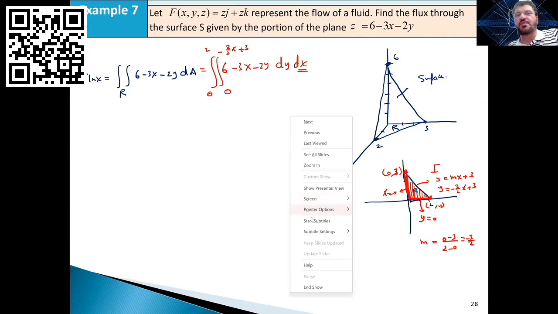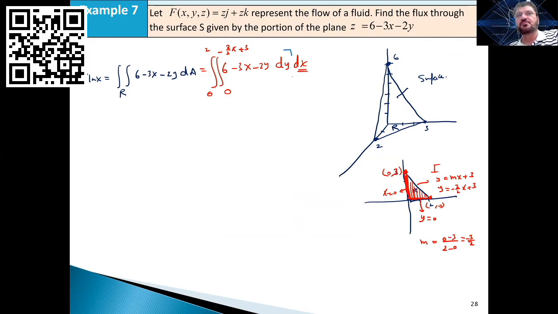Now, what do we integrate with? We're going to integrate with the inside. So this is equal to the integration from 0 to 2. Now let's integrate with respect to y, guys. What's the integration of 6? 6y. Minus, what's the integration of that? 3xy. What's the integration of that? y squared over 2. The 2 goes with this one. So minus y squared, from 0 to minus 3/2 x plus 3.